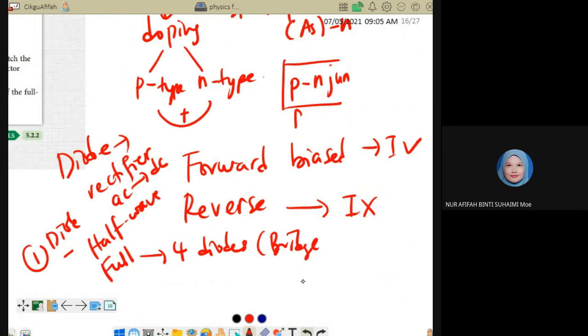You must know what the output voltage looks like. And then the capacitor from earlier: the use of a capacitor as a current smoother. Charging, discharge, charging, discharge.